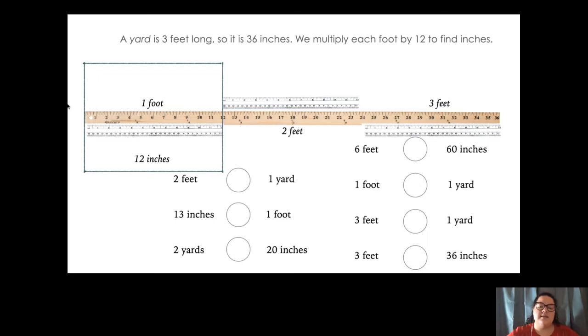1 foot is less than, equal to, or more than 1 yard. There are 3 feet in a yard, so I know 1 foot is less than 1 yard. 3 feet is less than, equal to, or more than 1 yard. 3 feet is equal to 1 yard. 3 feet is less than, equal to, or more than 36 inches.